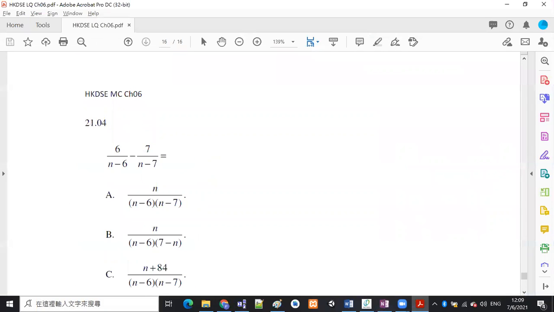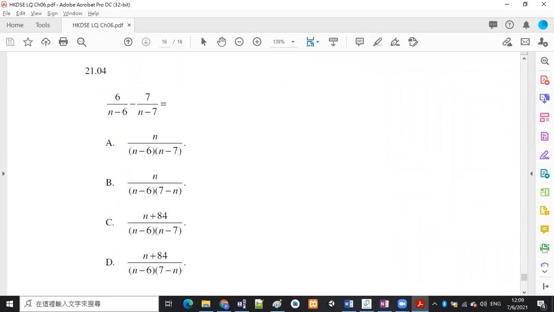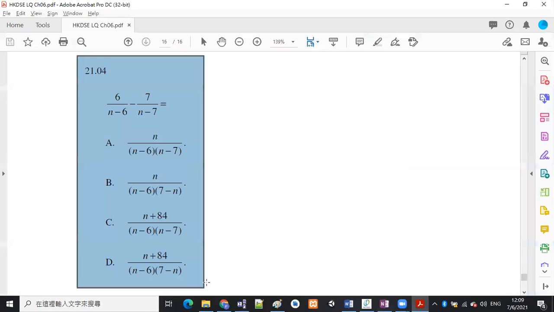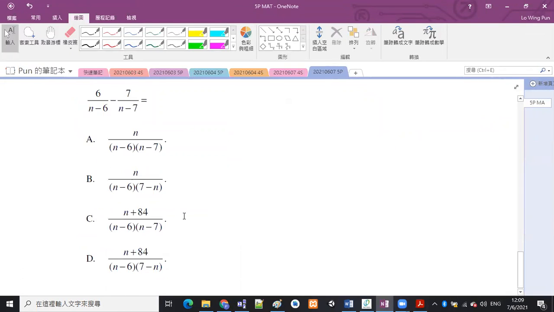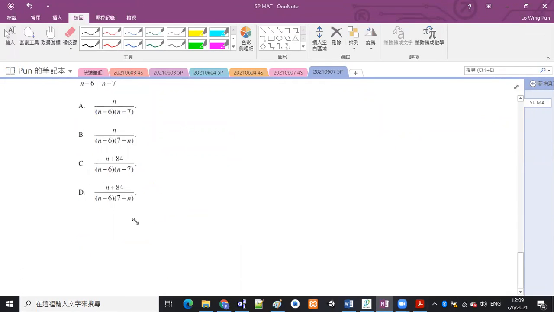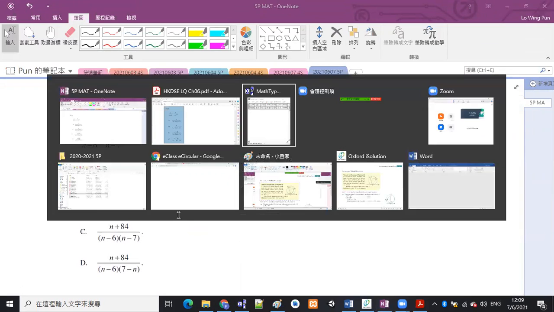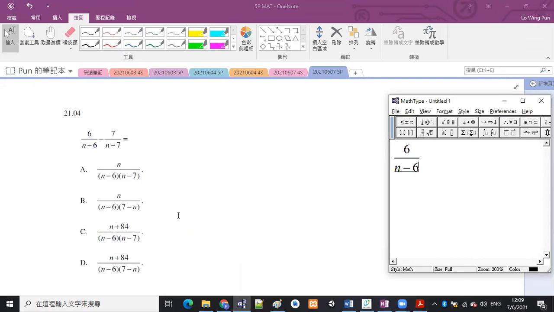Next, 21.04. Okay, n minus 6, n minus 7 cannot be factorized.